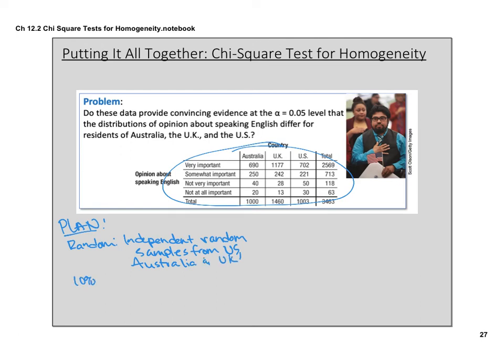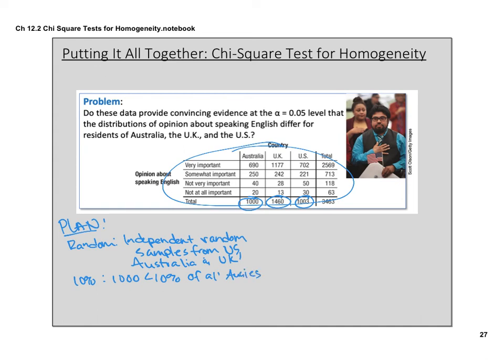10%. This is a sampling thing. Samples. That means we have to address the 10%. So here's where you're going to get into the total number of people surveyed. So I would say 1,000 is less than 10% of all Aussies.